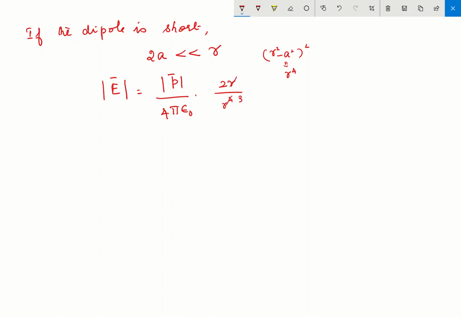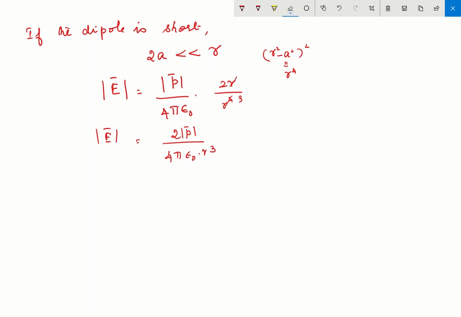Therefore, what is the final expression for E in this case? Only for a short dipole I am telling. That is equal to 2p by 4 pi epsilon naught into r cube. One of the r's cancels with the 2r's r, so it is r cube. Hope you are following.